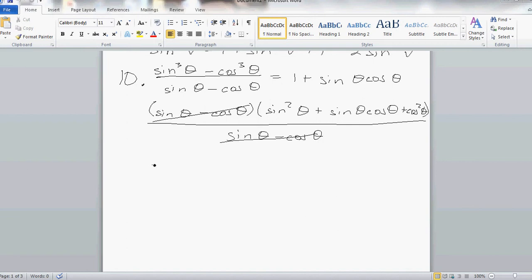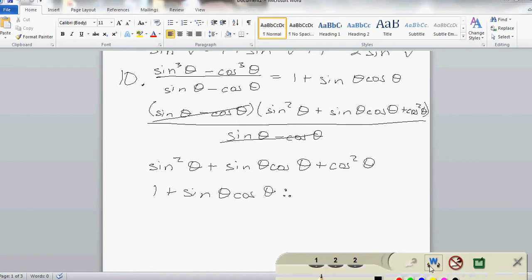So doing the simplification, we get sine squared of theta plus sine of theta cosine of theta plus cosine squared of theta. If we look, sine squared of theta plus cosine squared of theta, the Pythagorean identity says that equals 1. So this becomes 1 plus the sine of theta cosine of theta, which is exactly what we wanted to prove.